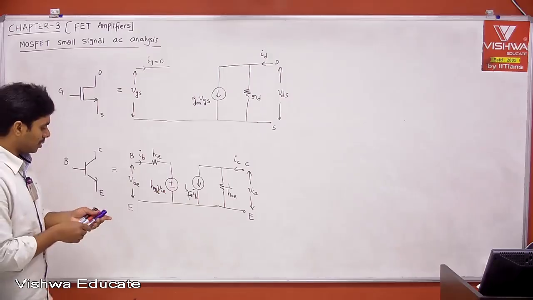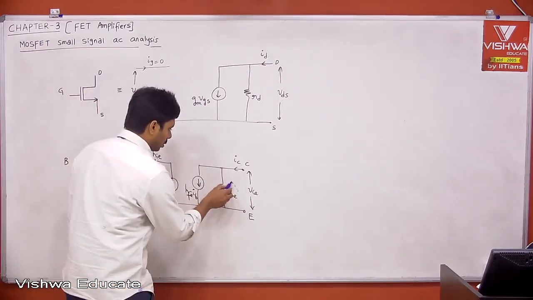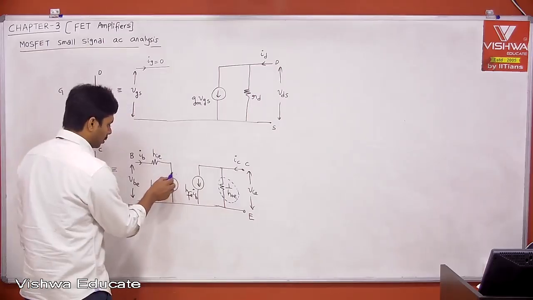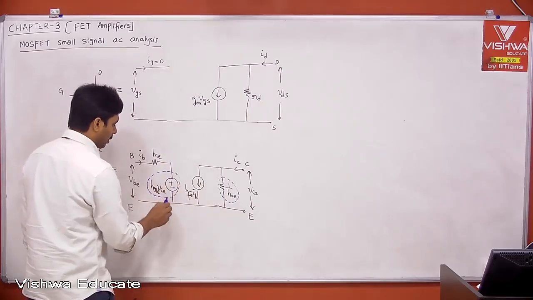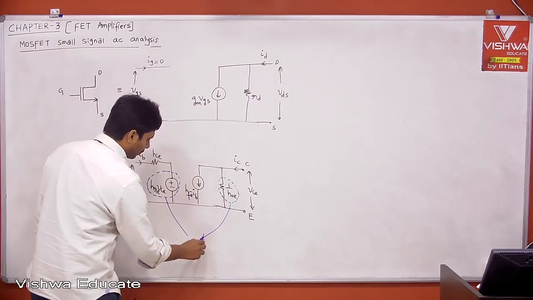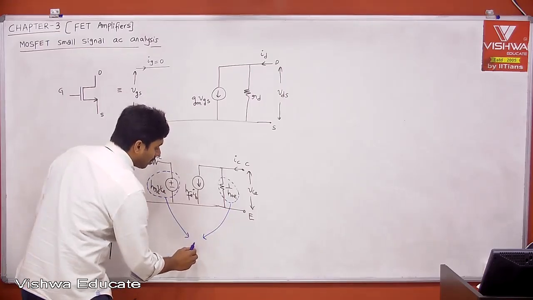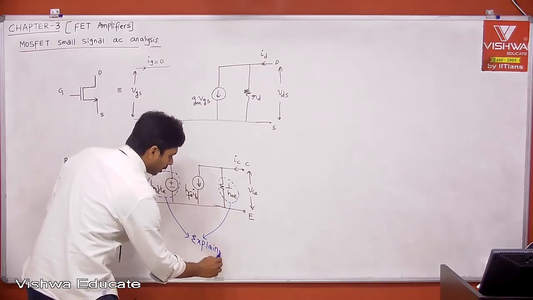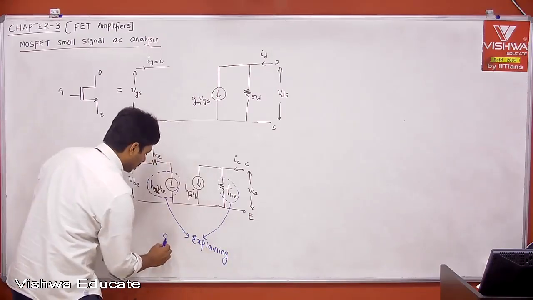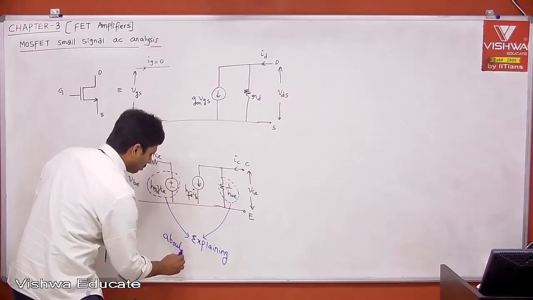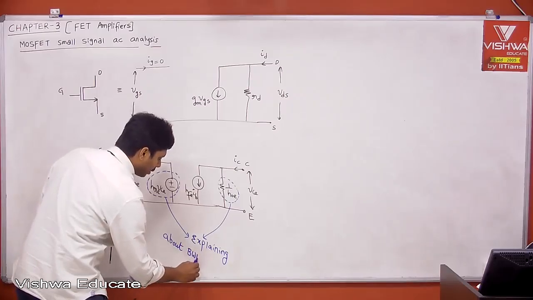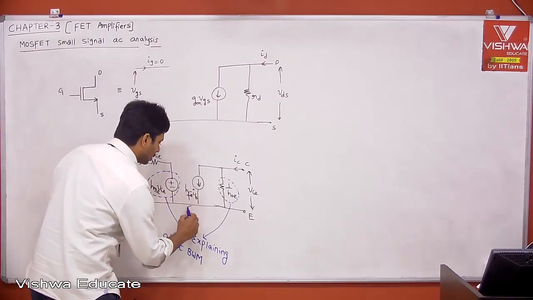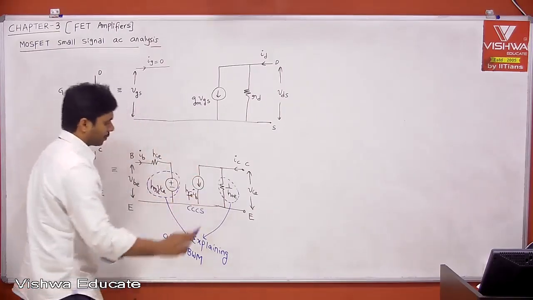Therefore, these two, 1 by HOE and HRE into VCE, are explaining base width modulation, and this is the current controlled current source.